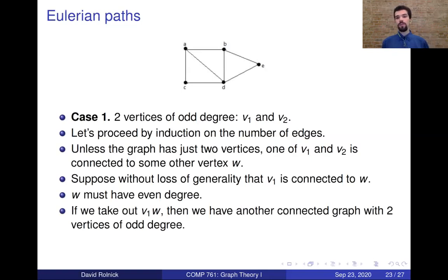Well, we knew that v1 started out with odd degree, and w started out with even degree. So we've switched. v1 now has even degree. w now has odd degree. So we still have 2 vertices with odd degree, and we have another connected graph.